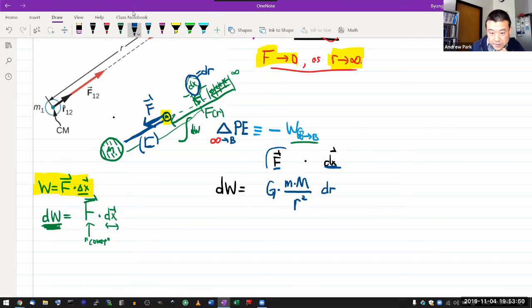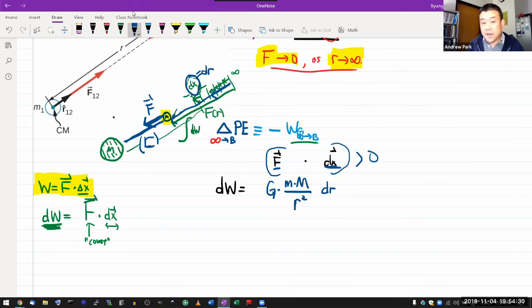This dot product here should give me a positive number because the force and the displacement are going in the same direction. So over this interval, gravitational force is doing positive work, which will result in a negative potential energy change.